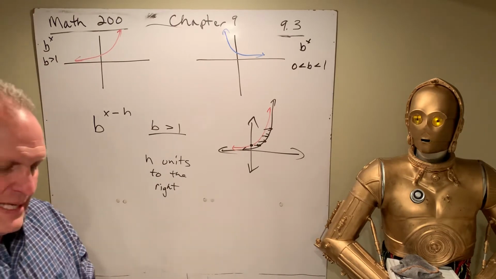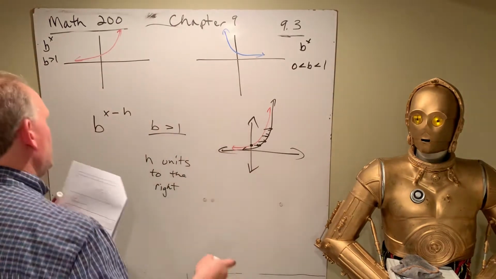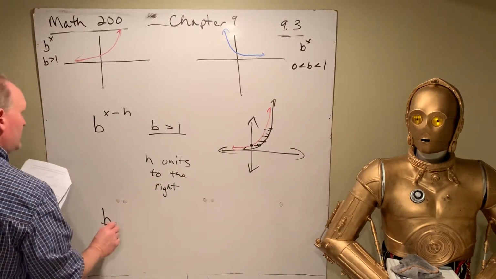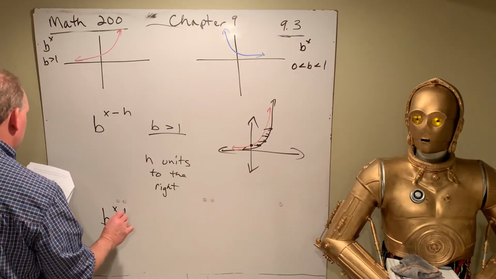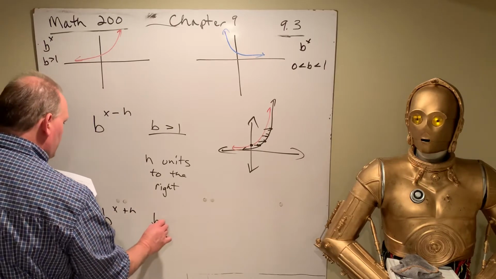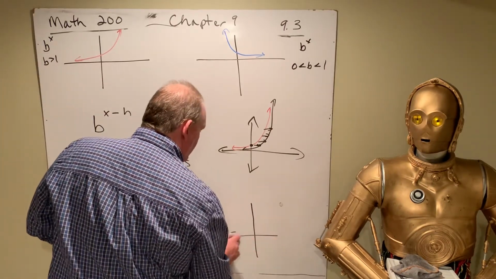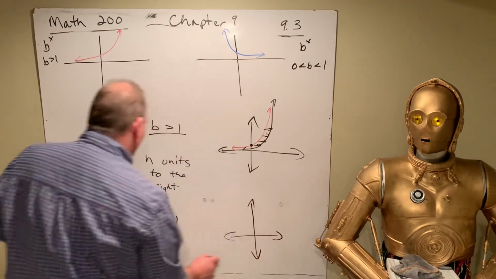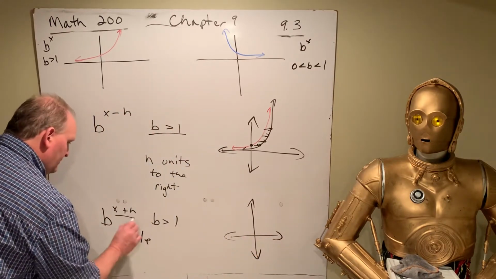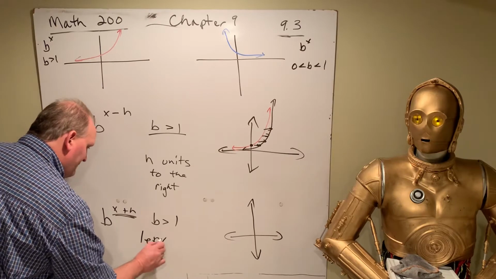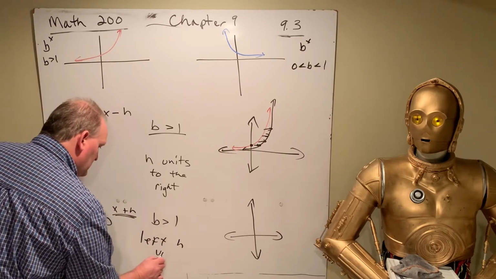And then it says on the next one, what happens if I go b to the x plus h when b is greater than 1? So that's exponential growth again, but it moves it to the left h units. The plus actually moves it to the left h units.